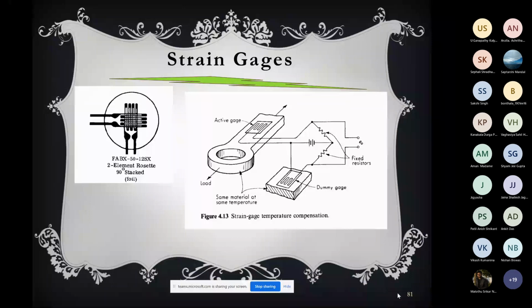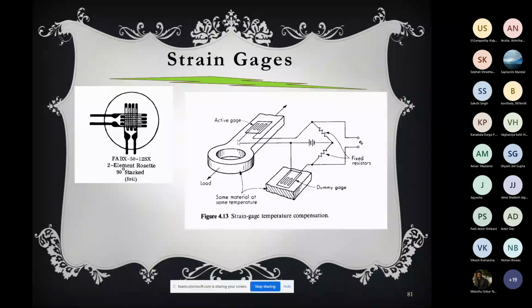Now let's see, we have two specimens in the figure. On the left-hand side is the actual specimen where we want to measure the strain, and we see that the load is acting, and you see the strain gauge orientation, where the strain gauge is oriented with the load so that it can measure the strain in that direction. Now we use a dummy strain gauge.